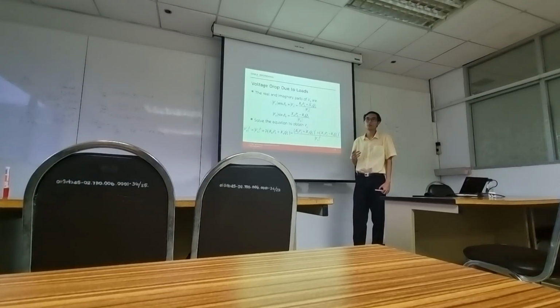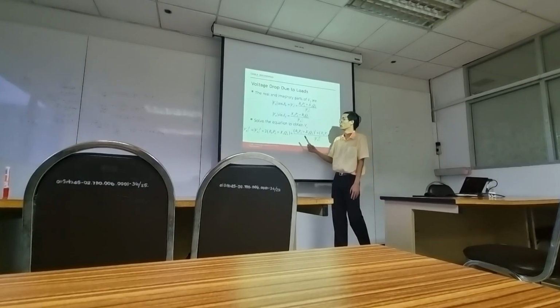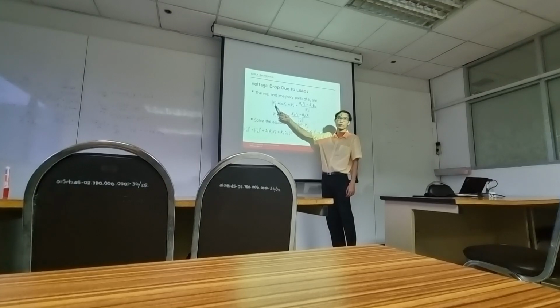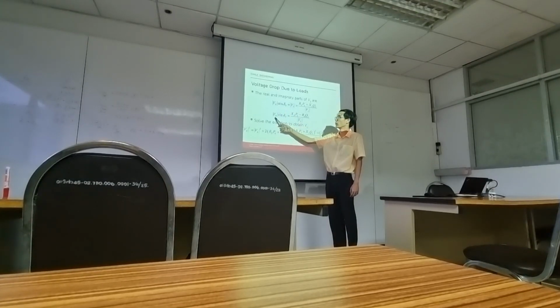How many unknowns do we have? Usually the source voltage is fixed. We fix the source voltage, but we don't know the angle. We do not know angle delta S. We also don't know the voltage magnitude VL.